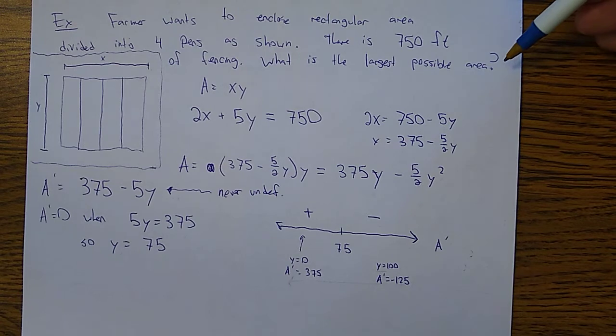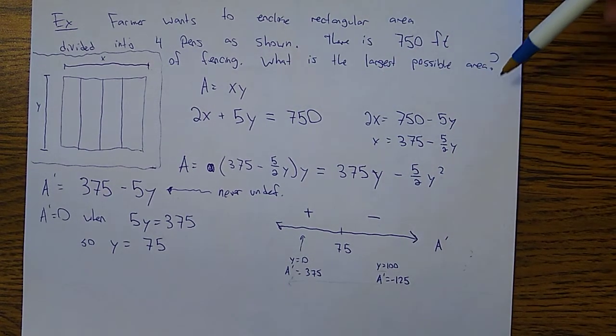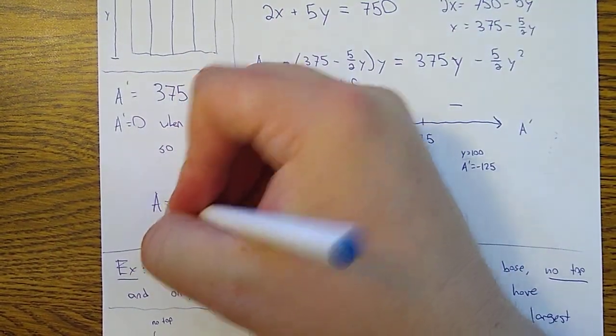Now we want to make sure I actually answer the question. The question is, what is the largest possible area? So I should find out what's the area when y is 75. Maybe I'll use this formula.